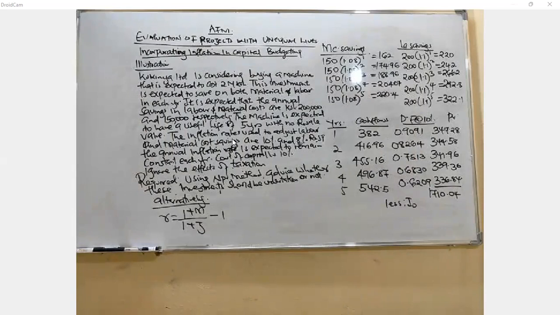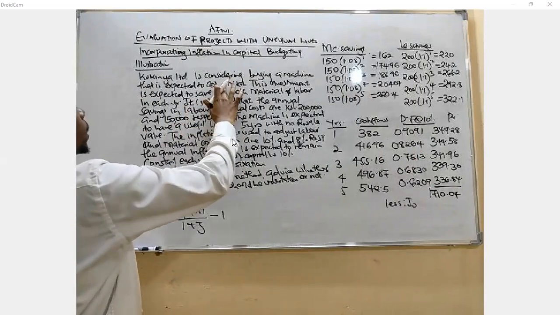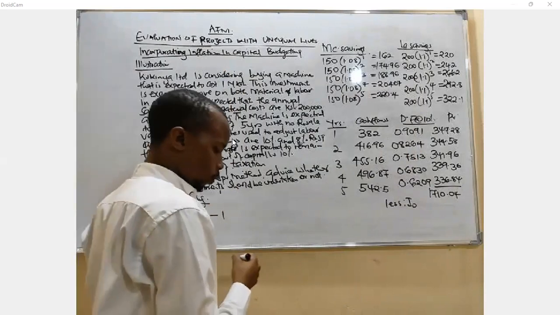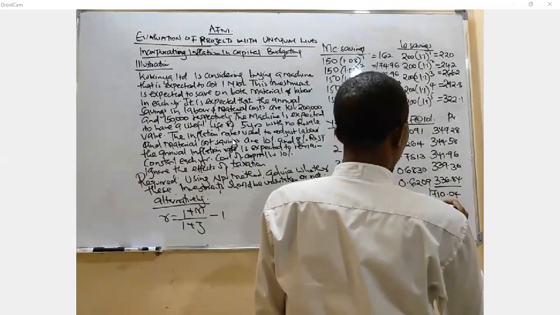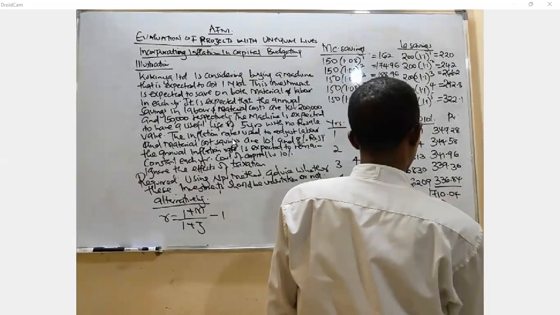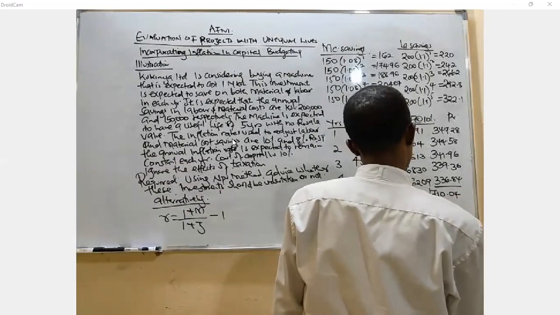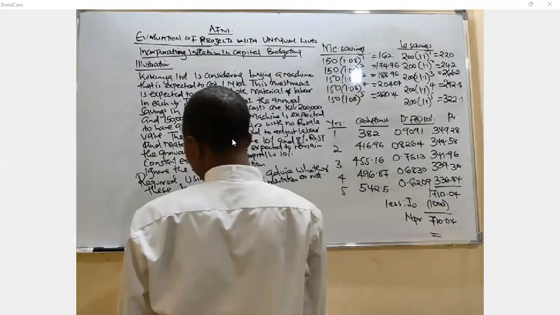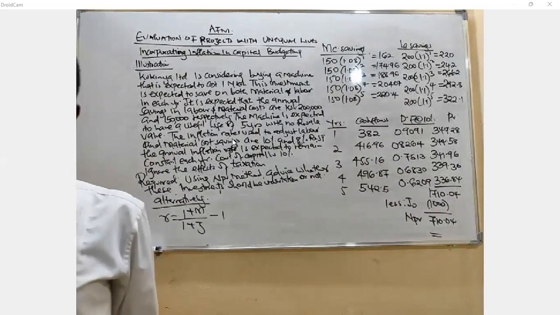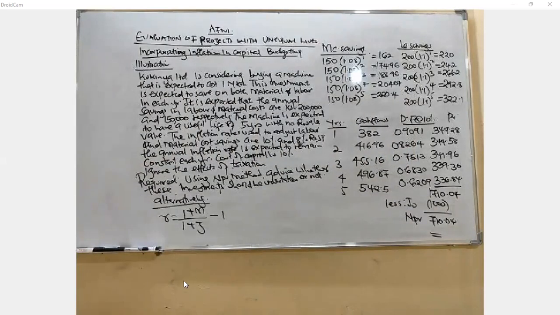Let me just put 1 million here, just so it makes sense for you. So with the initial outlay of 1,000, what you're supposed to be getting here, NPV, should be 710.04. Alternatively, you can apply this formula here.